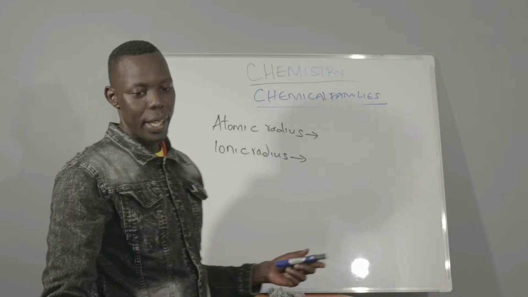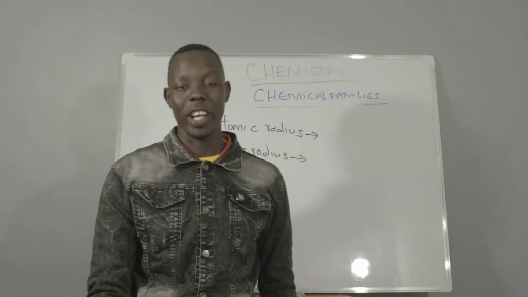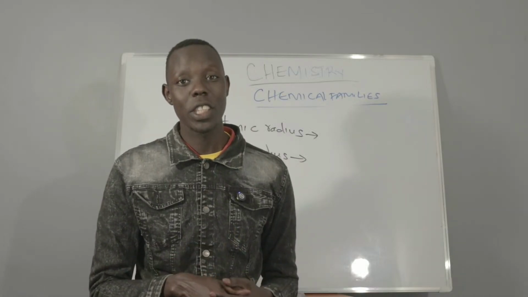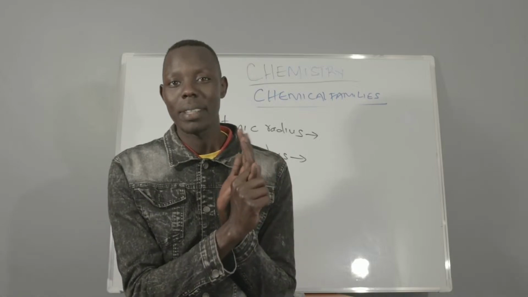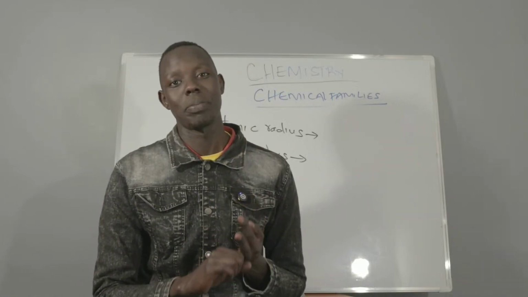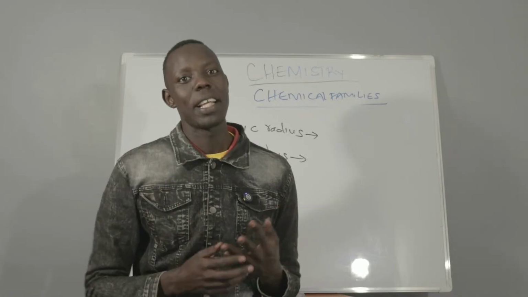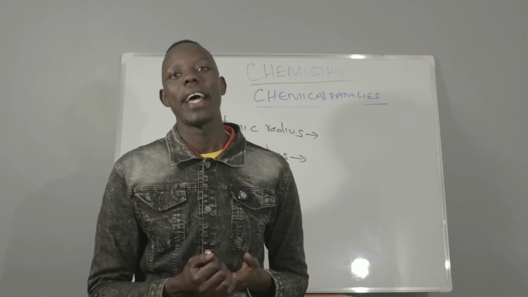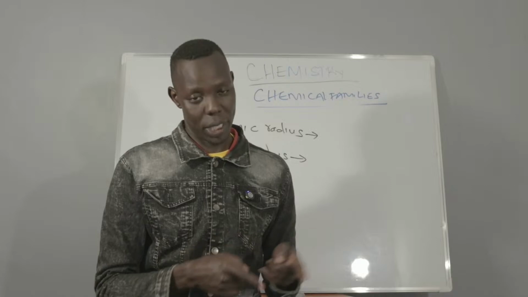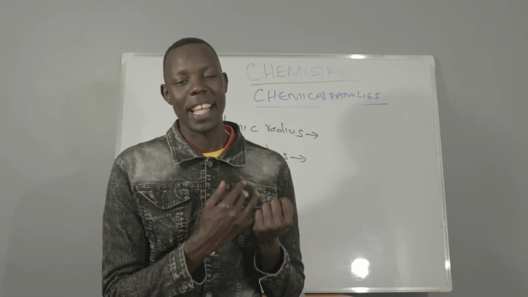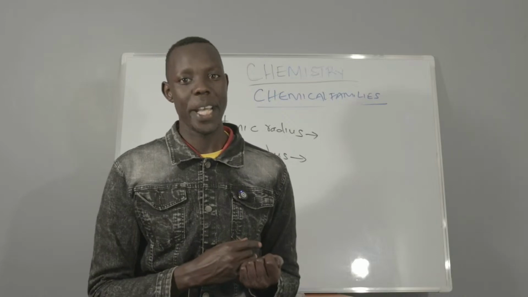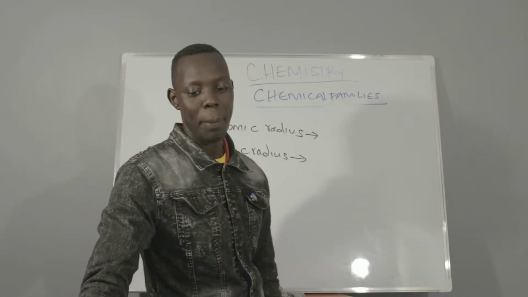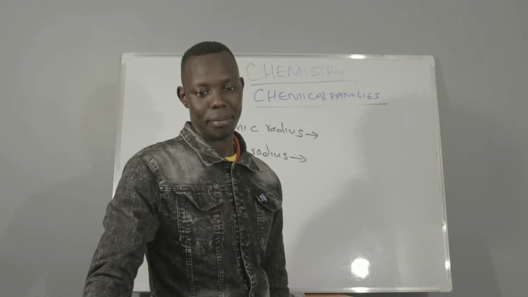Whenever you ask about physical properties of elements, of compounds, of gases, of molecules, physical properties include: number 1, the color; number 2, the texture; number 3, solubility in water; number 4, if it's a gas, the smell; number 5, if it is soluble in water, number 6, the nature, whether it is acidic, basic, or neutral. Such are what you are supposed to give when you ask about physical properties.